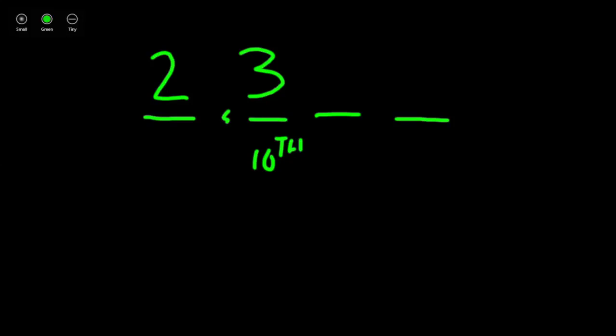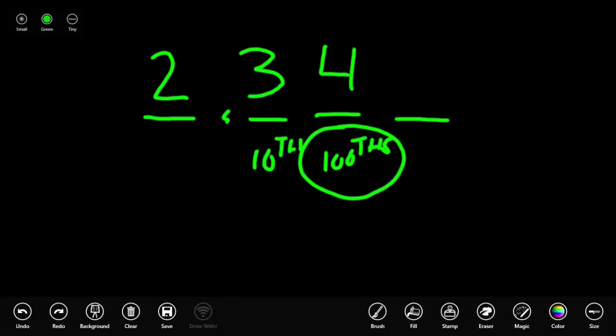Let's add a digit. Let's add 4 this time, and let's add that into our hundredths place. Notice the THS on the end. Now we would say the name of the last digit, and we would hear the decimal being read as 2 and 34 hundredths, saying the name of the last place or the last digit.